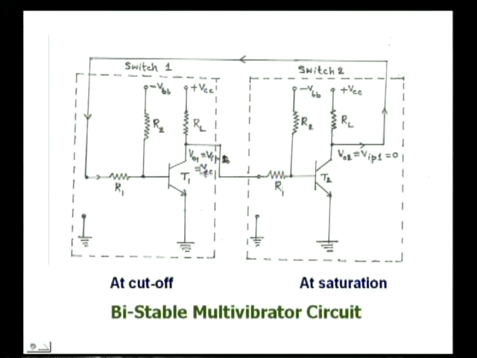So this VCC is available at this point, where minus VBB is here. So the potential divider R1 R2 can provide sufficient positive voltage at this point to forward bias the base emitter junction, because VCC is very large compared to VBB, even though it is minus, and the voltage at this point is plus VCC.